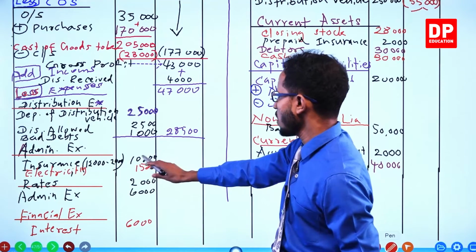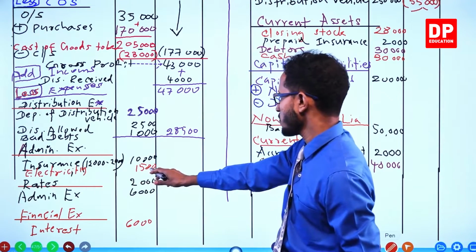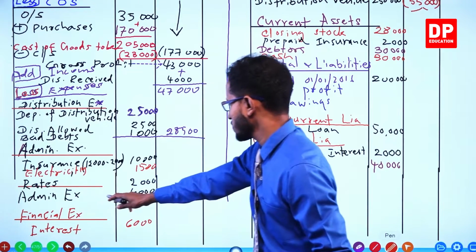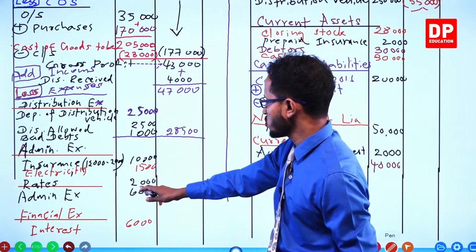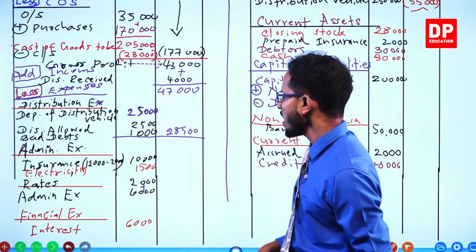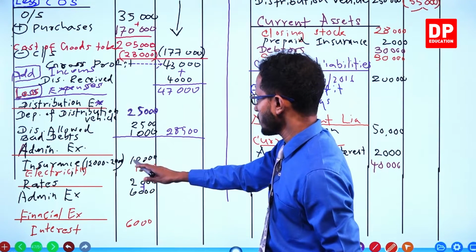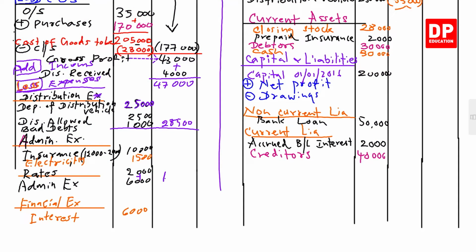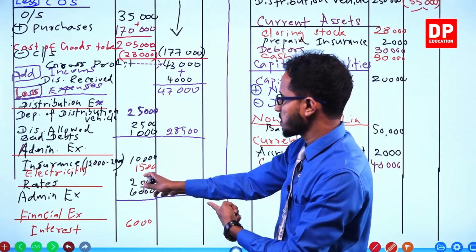We have 10,000 plus 1,500 plus 2,000 plus 6,000. 6 plus 2, 8,000. 10 plus 8, 18,000. 19,500 here. Total of admin expenses 19,500.